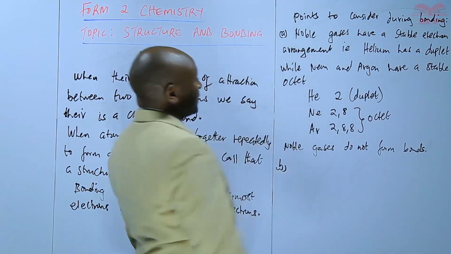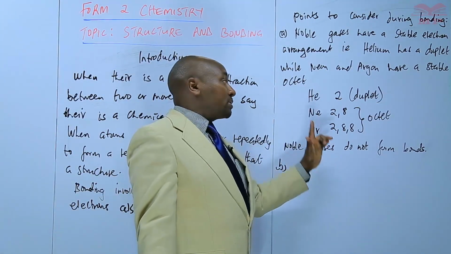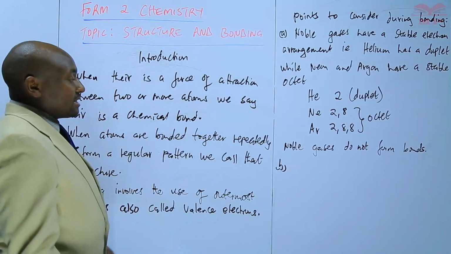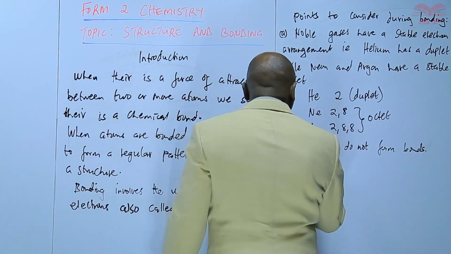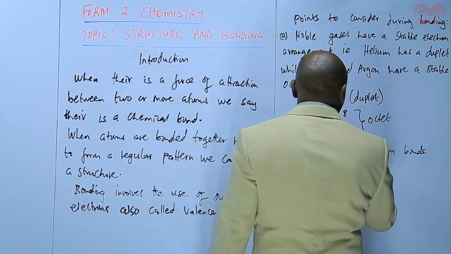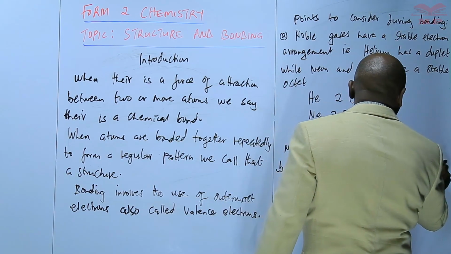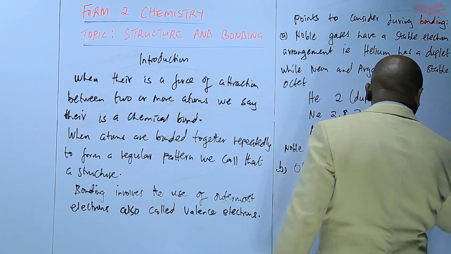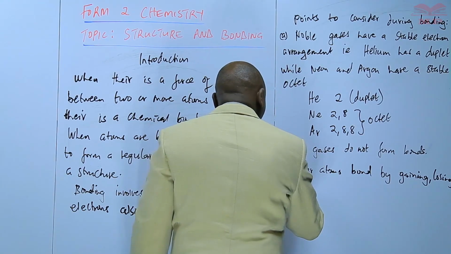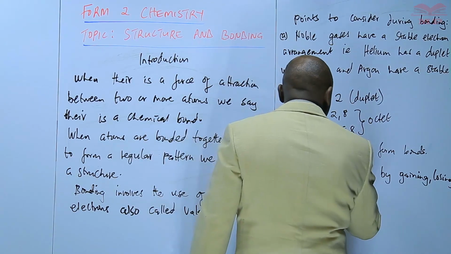Another point to note, besides the fact that noble gases are stable and therefore they do not form bonds because they either have a stable duplet or a stable octet, is that other atoms bond by gaining, losing, or sharing the valence electrons.